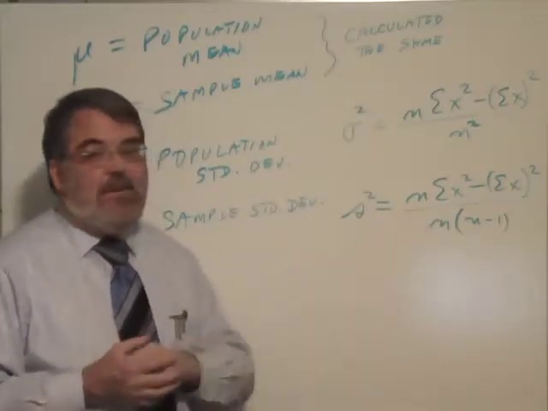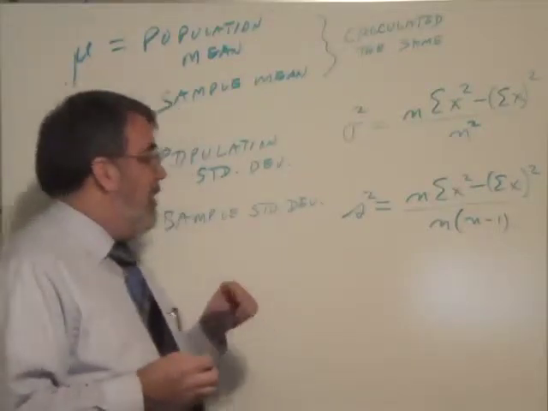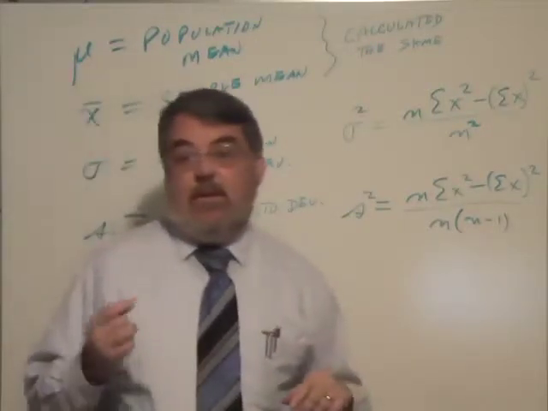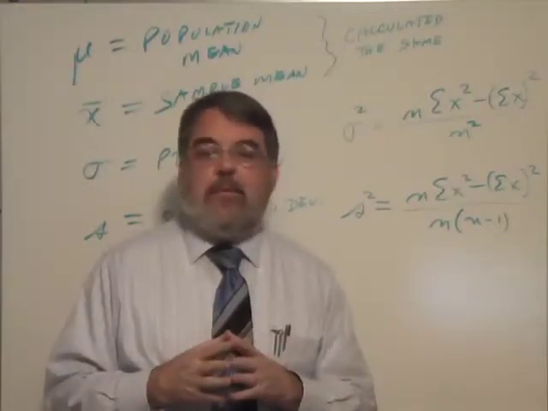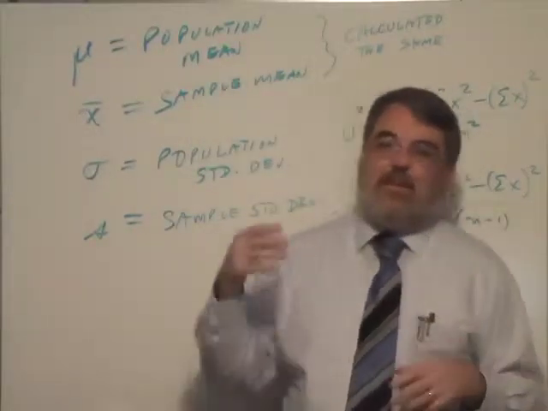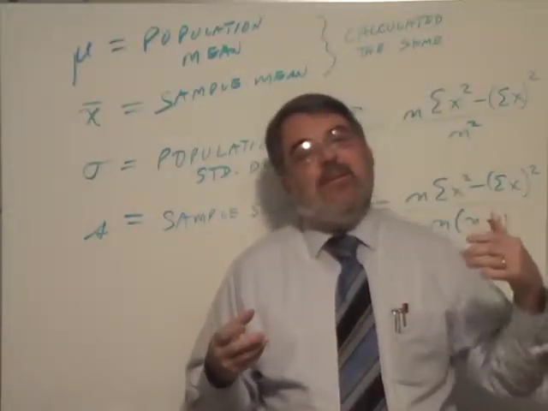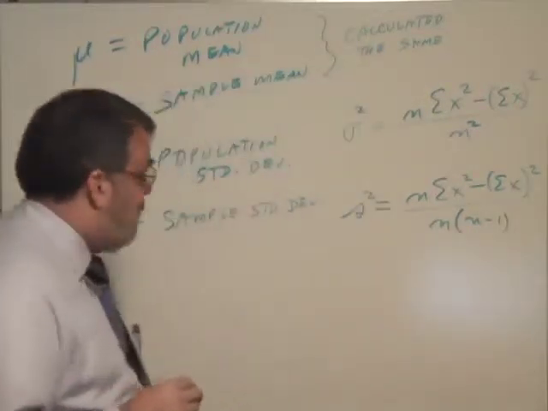So we'll stick with our sample standard deviation. And very rarely will we see a population standard deviation used. Okay, so we'll see other instances where there are Greek letters versus English letters representing population versus sample. We'll see other examples of that show up in the course.